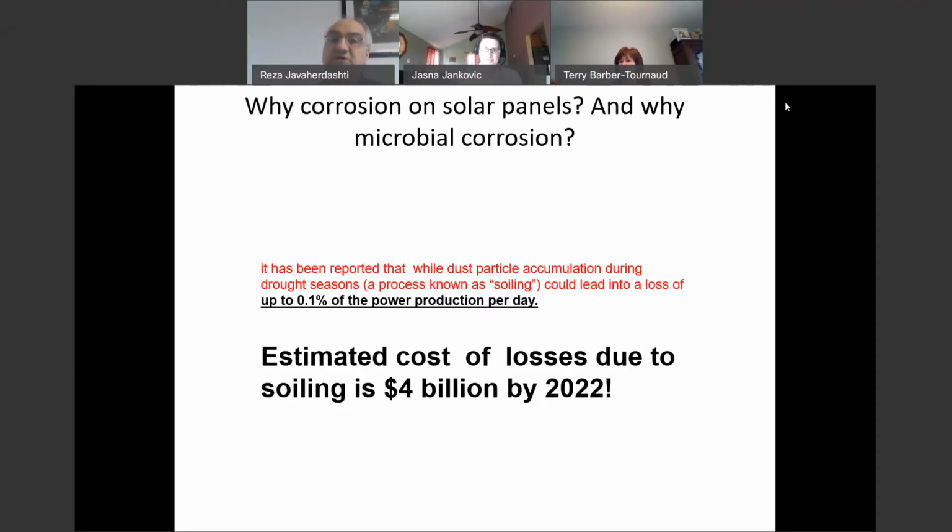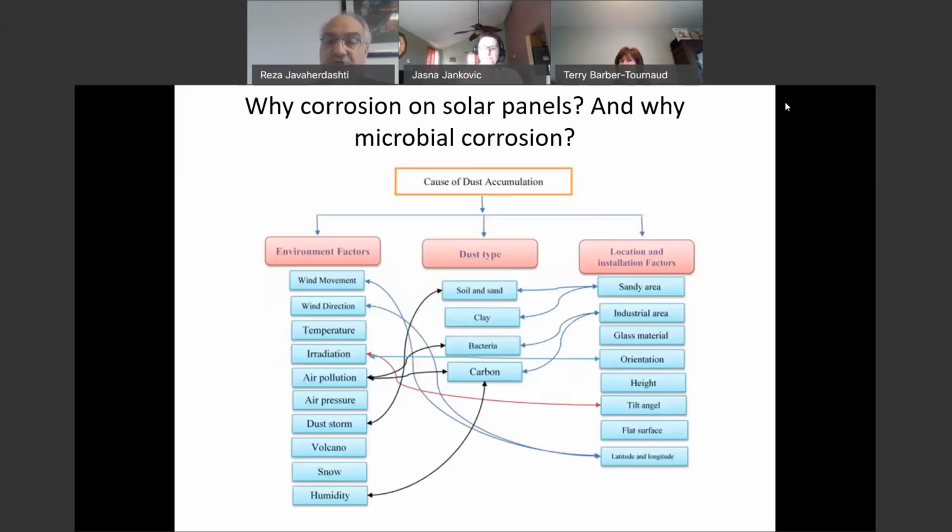It is an important issue, and as we are trying to become less and less dependent on oil and gas, fossil fuels, and move towards renewable energies, having a cost of $4 billion per year by 2022 due to soiling is a significant issue.